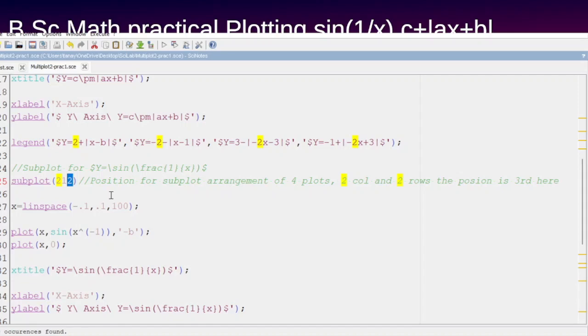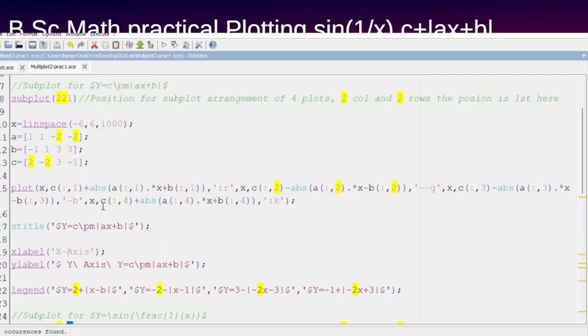So remember, in this case I divided the whole area of the graph in 2 rows and 1 column. So there is one upper part which is your 2 1 1. Now this is the lower part 2 1 2. So if you think about this section here, this is 2 2.